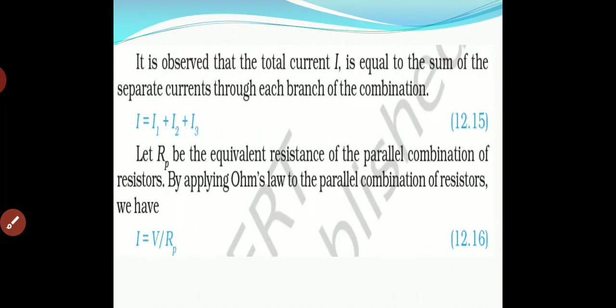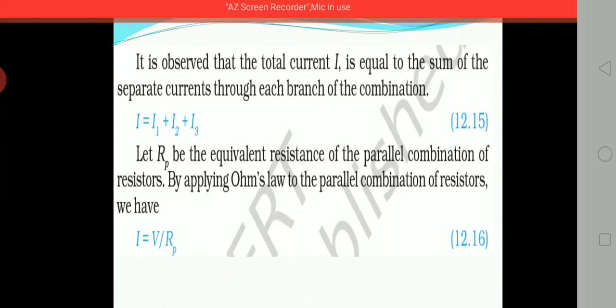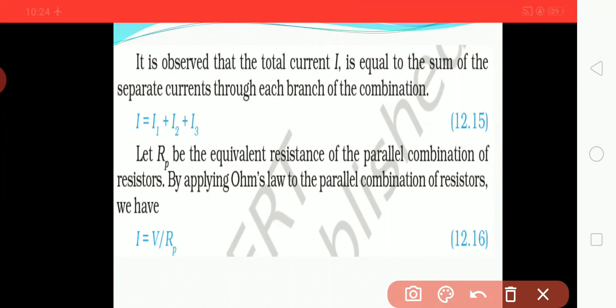It is observed that the total current I is equal to the sum of the separate currents through each branch of the combination. In series we have seen that I is the same for all of them, but in parallel the current will flow differently in different resistances. Each of them will carry a different amount of current.